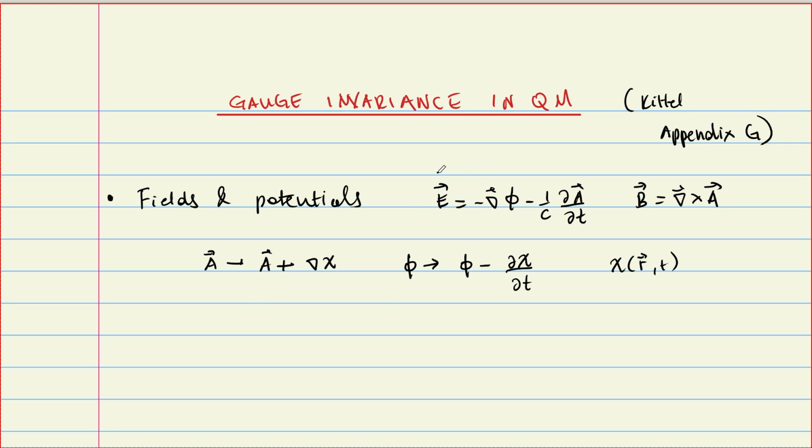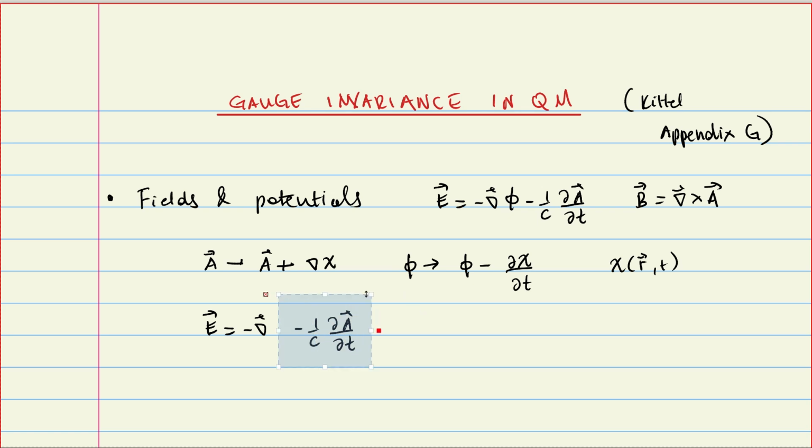Then it is very easy to see that A and phi are not physical, E and B are physical, and these unphysical potentials should not influence what you observe in physics. How you choose these potentials should not influence what you observe. And we can see that is indeed the case.